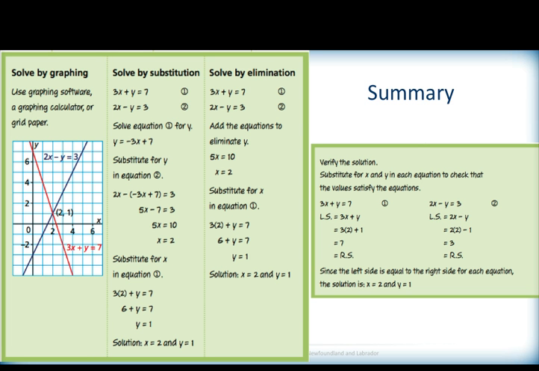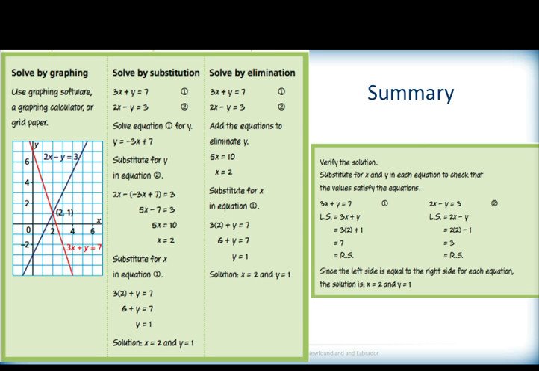Sometimes this comes down to preference and which one you would like to use. So as you can see in the summary table on the left-hand side, we have 3 different ways to solve linear systems. We can solve by graphing, using a graphing software or calculator, or using grid paper when you do it by hand. There's solving by substitution, and solving by elimination.